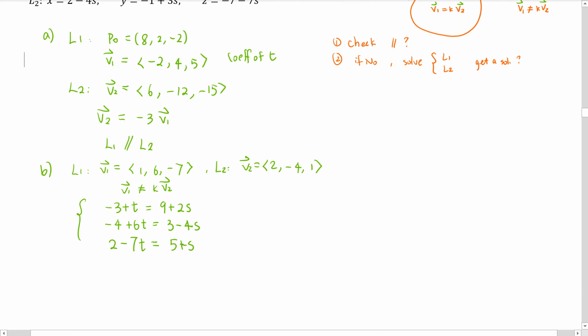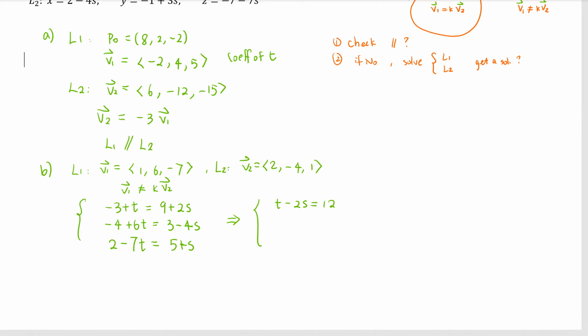Let's see. Let me change it into the format where the s and the t are on the left and the constant is on the right hand side. So for the first equation, I move the 2s to the left, I move the negative 3 to the other side, and it becomes 9 plus 3, which is 12.